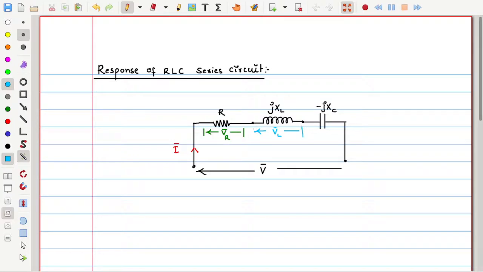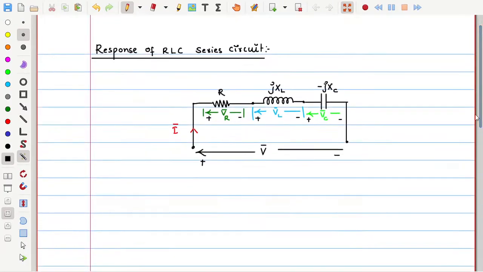Everything is in phasor, try to observe. And we may see voltage across the capacitor as VC bar. These arrows represent that the arrowhead is positive and the non-arrowhead is negative, as in a DC system. So this is the series RLC circuit.